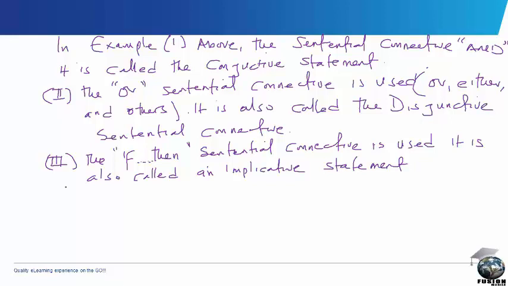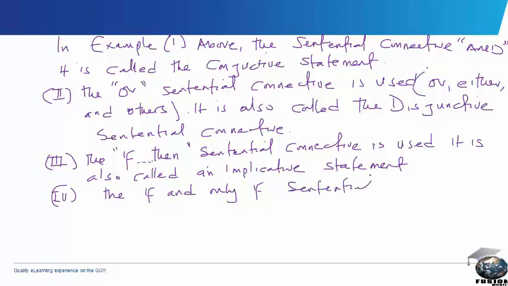And in example number 4, the "if and only if" sentential connective is used for that example, and it is also called the bi-conditional, or what we call the bi-implication or the bi-equivalence.